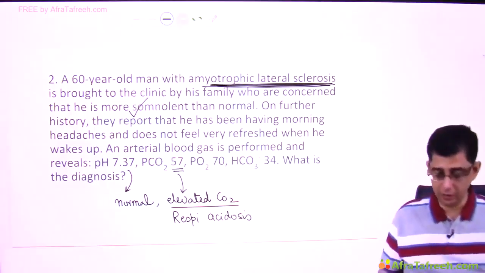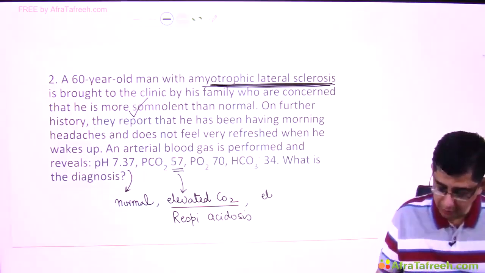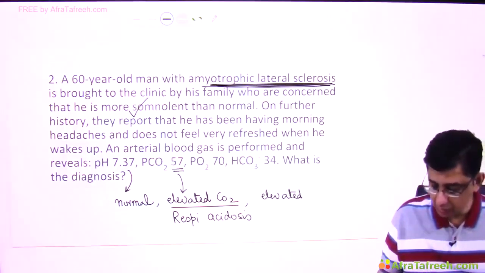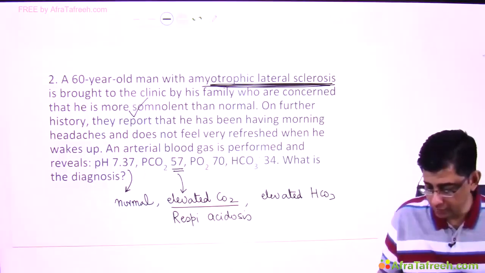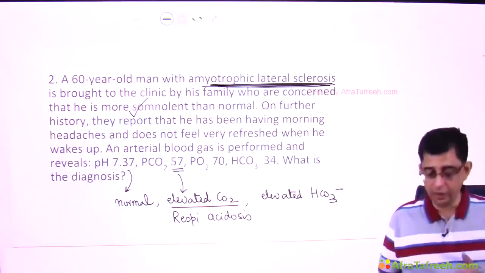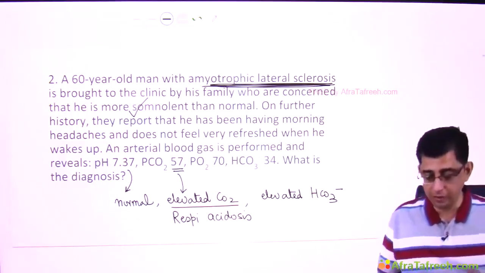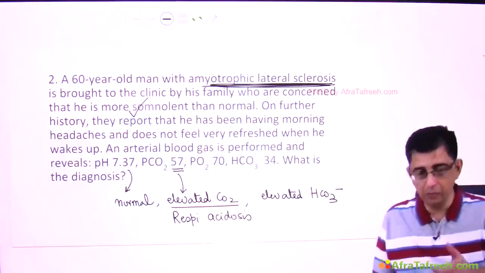In this particular person, you will notice the fact that there is an elevated bicarbonate. This elevated bicarbonate is explained by the fact that the kidney has tried to compensate for the increase of the hydrogen ions in the body of this patient.